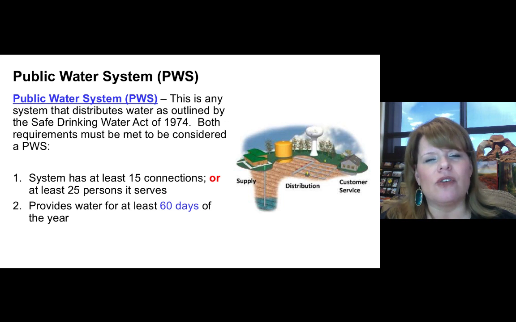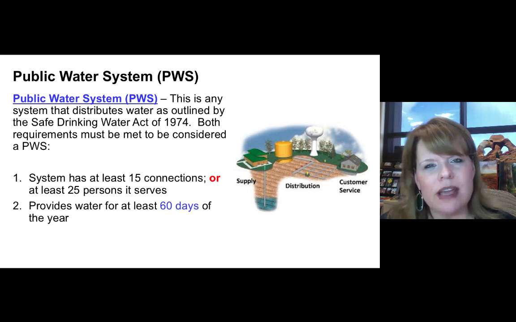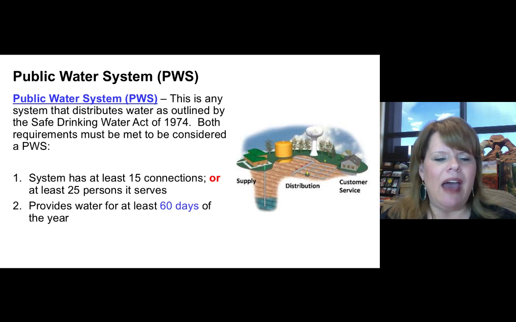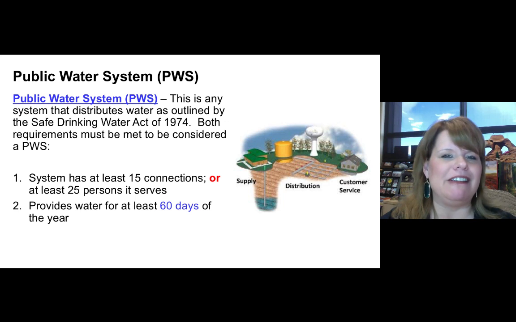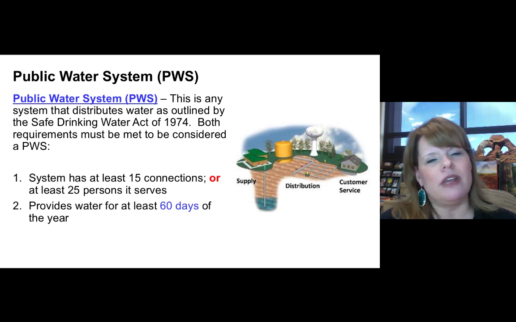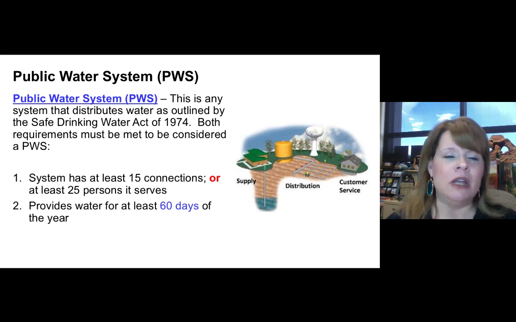Maybe they're like a little camp and they're only open for 40 days in the summer. That might be an example. So you have to have both things that it meets. If you're serving at least 25 people for those 60 days, that makes you a public water system. But remember, you have to meet both requirements. So make sure that you know how many connections, how many people, and how many days it must require.